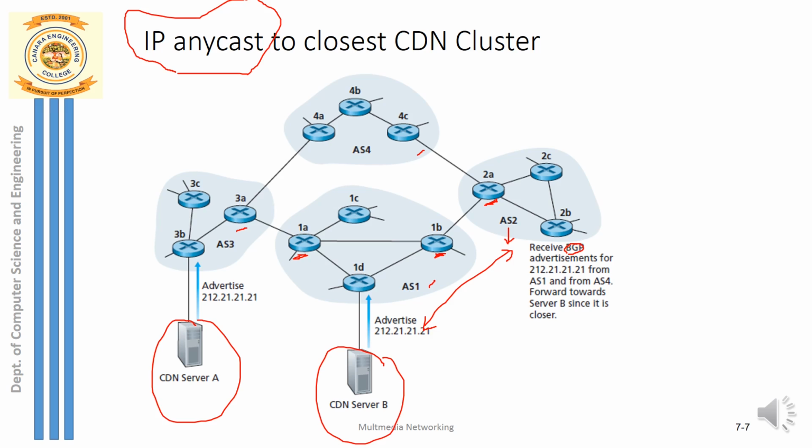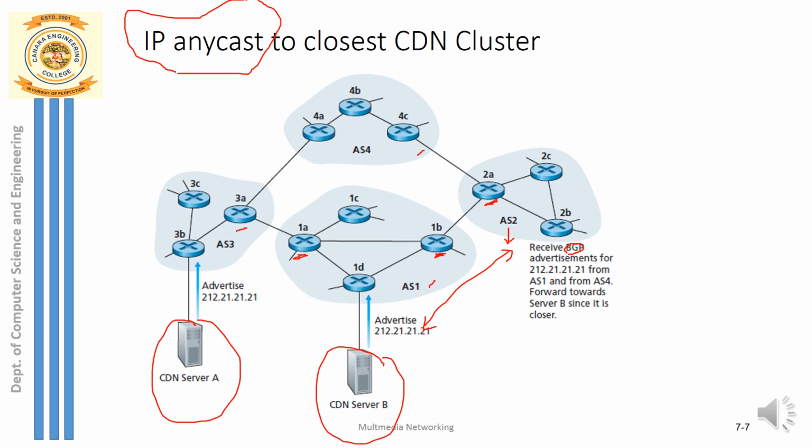Now router 2A gets two pieces of information: the routing table of AS3 and the routing table of AS1. All that reachability information reaches 2A. With the help of this, the closest CDN server can be found through the next hop or the AS path.